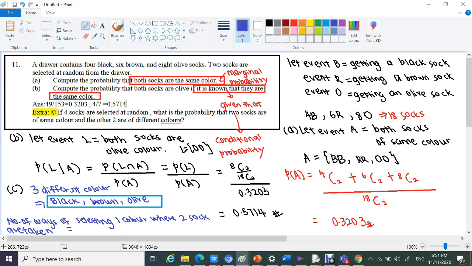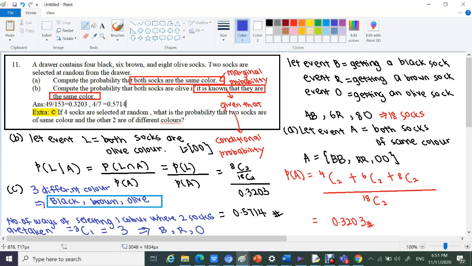So this is just equal to 3C1, because from 3 colors we choose one color, and in that color we must have 2 socks. So in this case we will get 3.